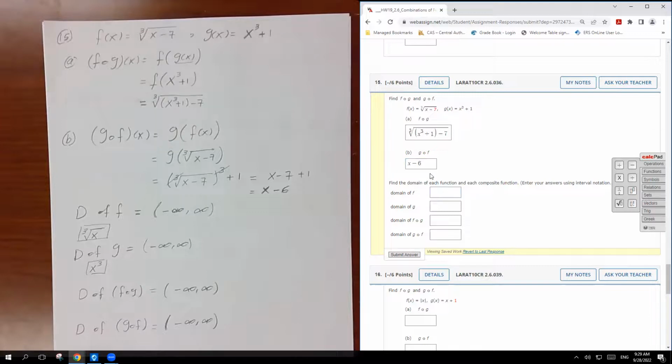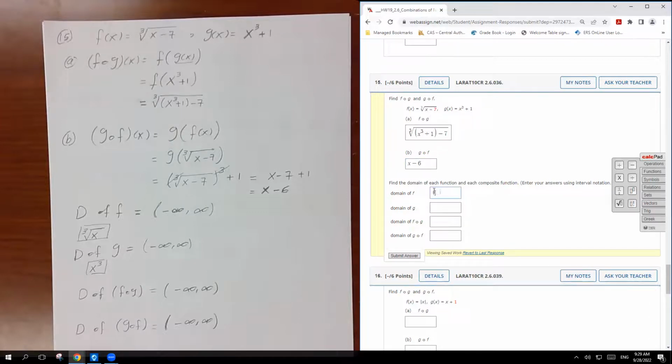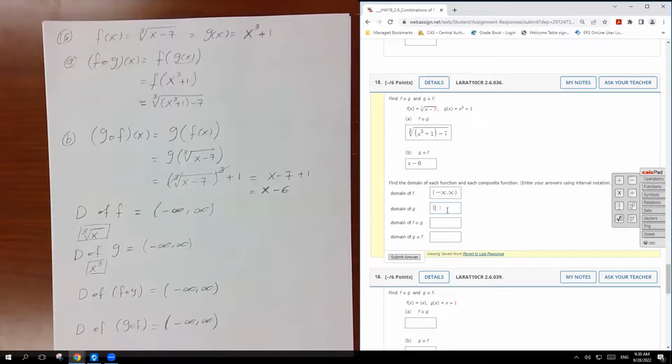For this one, there's going to be just negative infinity to positive infinity. The same thing here, negative infinity to positive infinity.